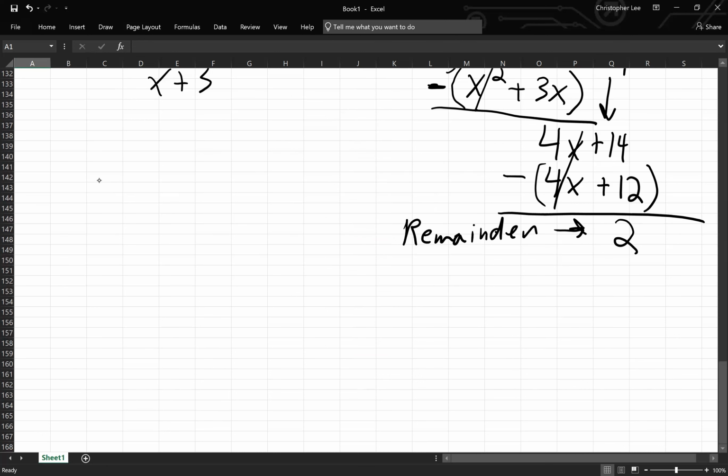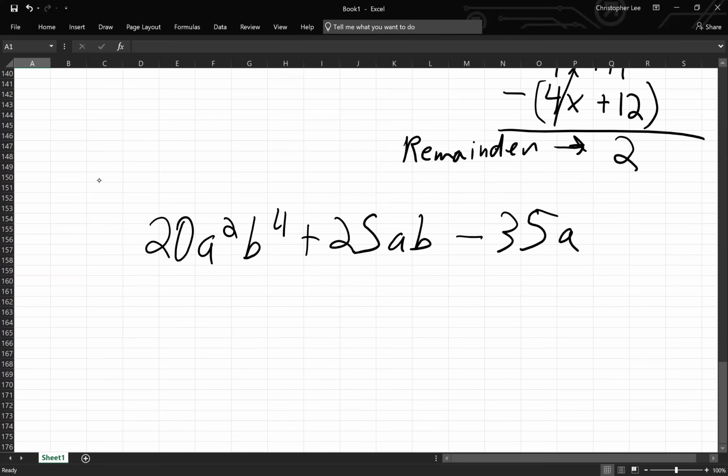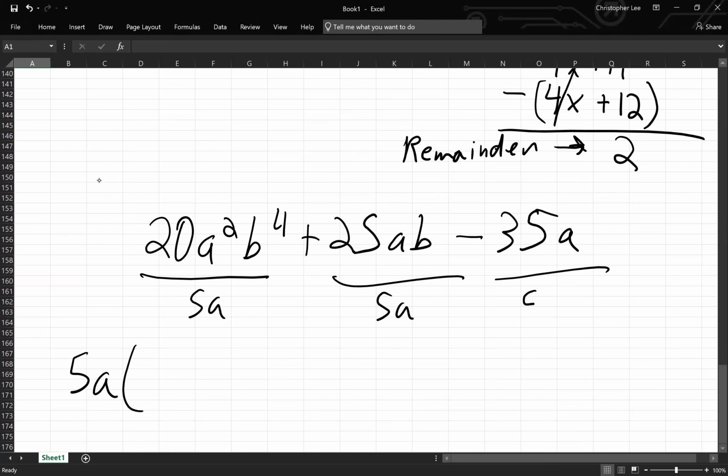Okay. 20a squared minus 35a. All right. And what do they have in common? 5 what? Good. So remember, it's like you're dividing by 5a. Divide by 5a.